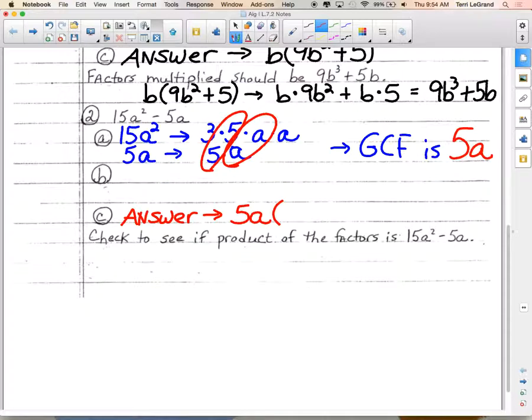And now we will find our binomial factor that will get multiplied by. So 15a squared is going to get divided by 5a. And 5a is going to get divided by 5a.